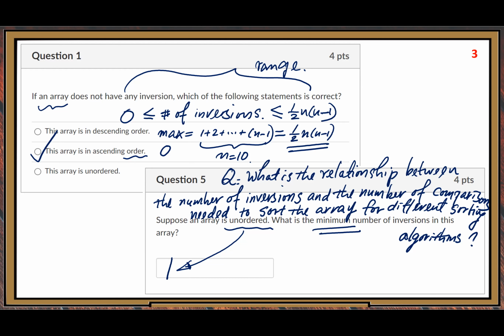Think about that. This question is a little deeper, right? That means this question is not that easy to answer, but there must be some relationship based on our intuition. Now here, based on our intuition, the higher the number of inversions in a given array, the more comparisons needed to sort.